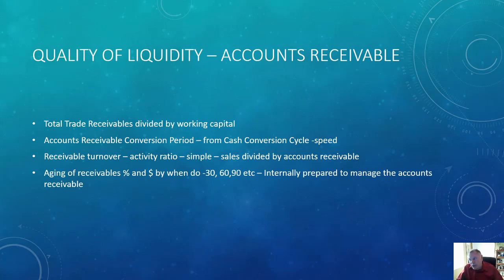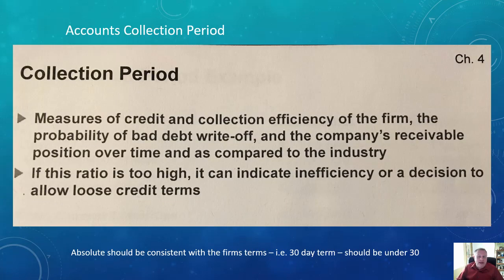But it's within the context of liquidity. When we look at the collection period, it measures the credit and collection efficiency of the firm. The longer that collection period is, the firm may not be efficient in collecting the receivables, and there may be an increased probability of bad debt.